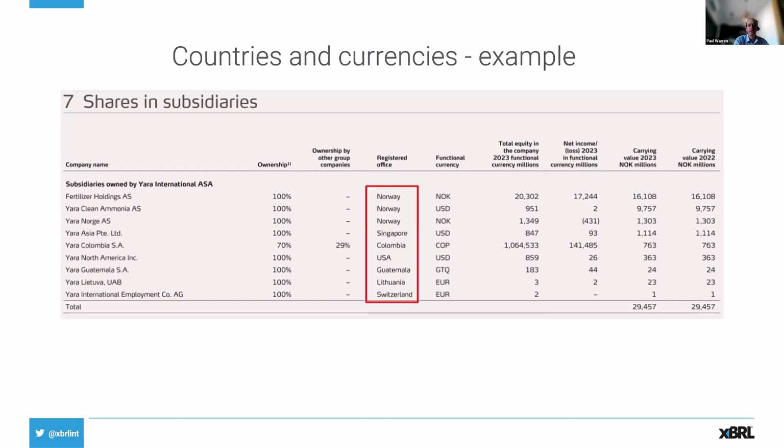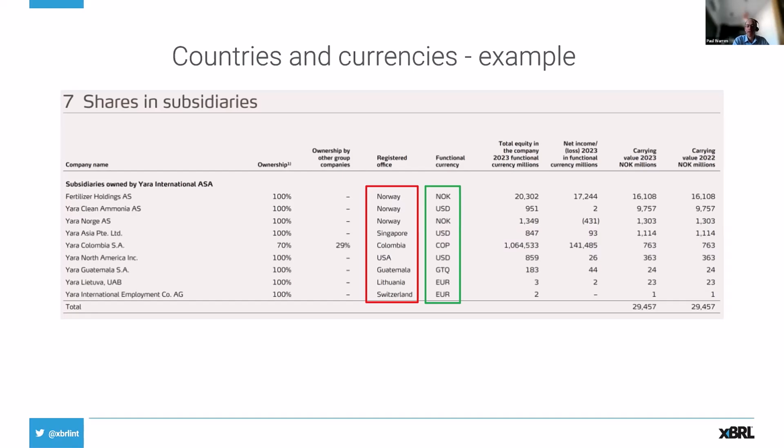So for each subsidiary, the filing is reporting the country in which the subsidiary is registered, and also the currency, the functional currency in which that subsidiary operates.